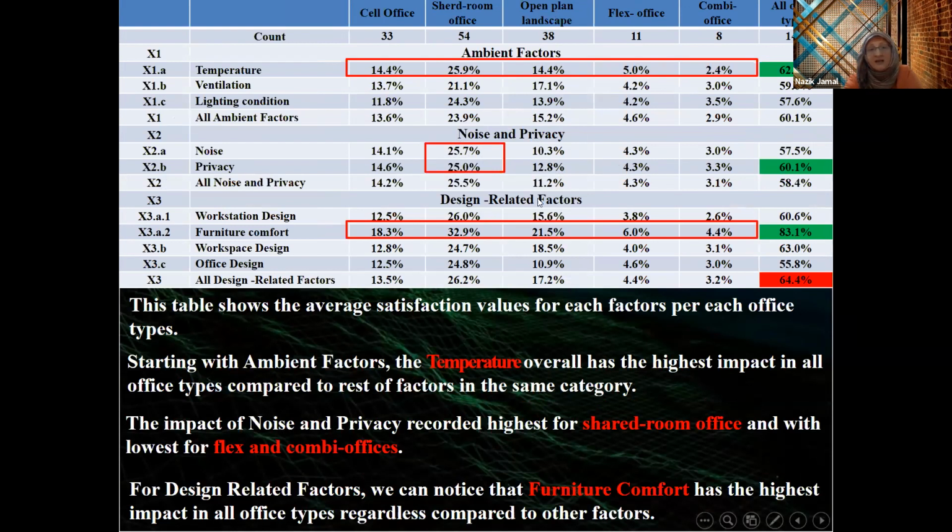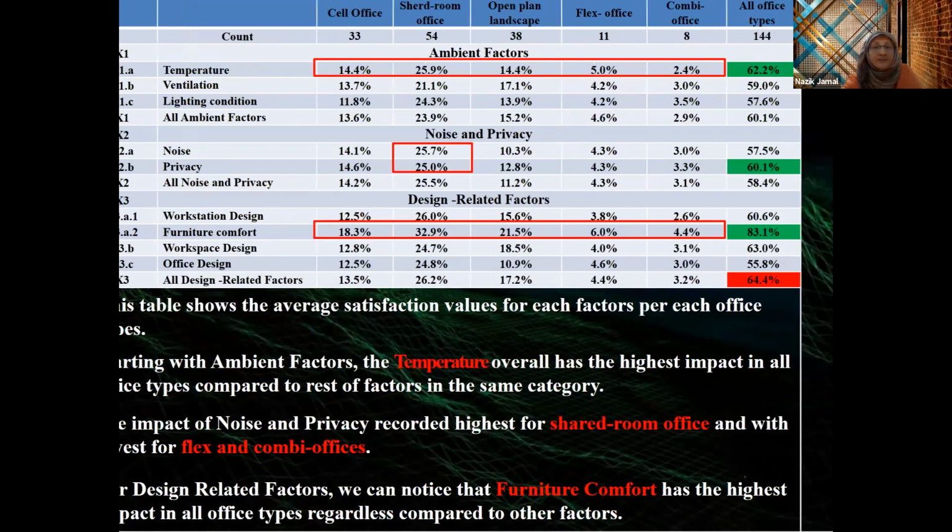And for the design-related factor, we can see that the furniture comfort has the highest impact in all office types compared with the other factors. We have 64.4%. We will talk about this number in the next slide.